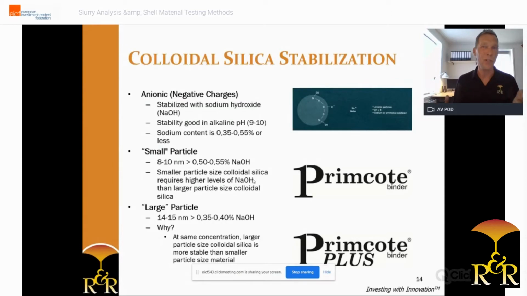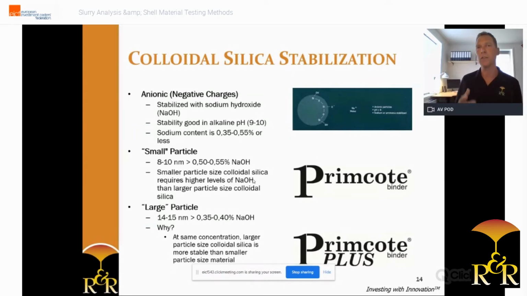It therefore requires a higher level of sodium hydroxide to stabilize it than a large particle, which is between 14 and 15 nanometers. So you need to understand that the surface to volume ratio is quite crucial here. At the same concentration, a larger particle of colloidal will therefore be more stable than a smaller particle.